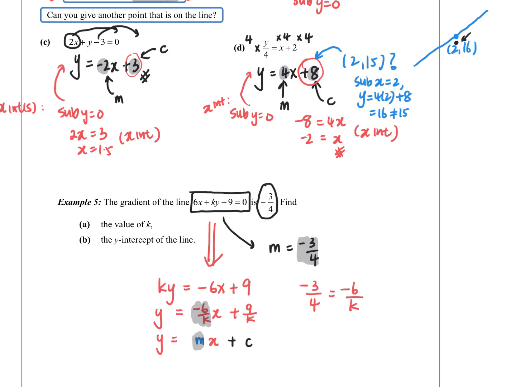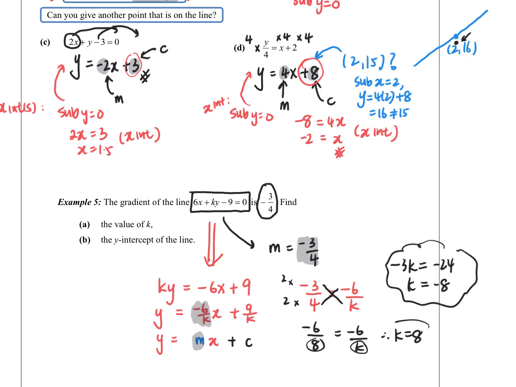So if you want, you can multiply by 2 and by 2. So k must be 8. Or you can cross multiply, and k is 8. So you see what works better for you. But k is 8.